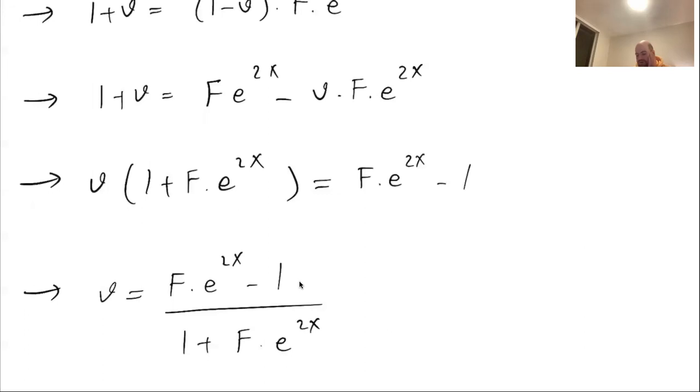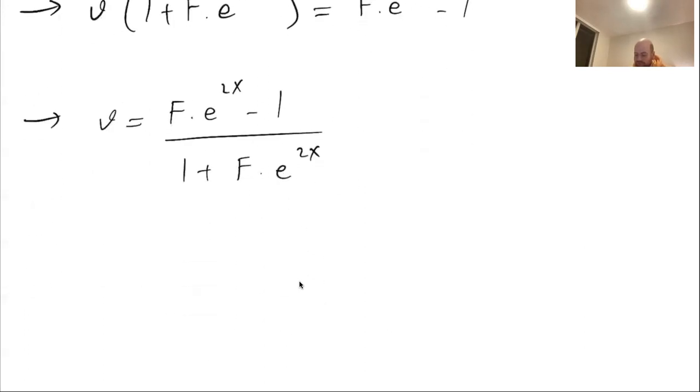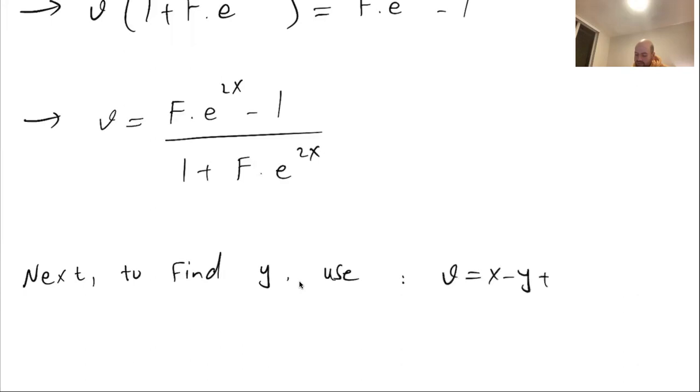And then we want to find y. Remember, our final goal is to find y. Next, to find y, we have to use the fact that v is x minus y plus 1.